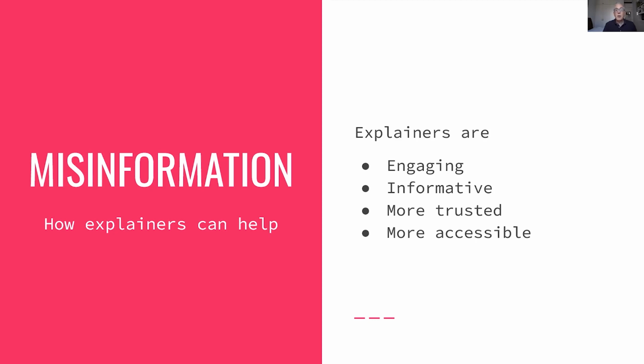That adds to the credibility of explanatory journalism. And because explainers do well in search ranking, and because they're a key component in the rise of popular formats like podcasts, they can be more accessible in the sense of being easy to find, as well as in the sense of being inviting and understandable.